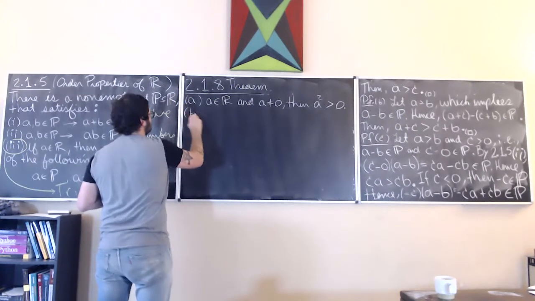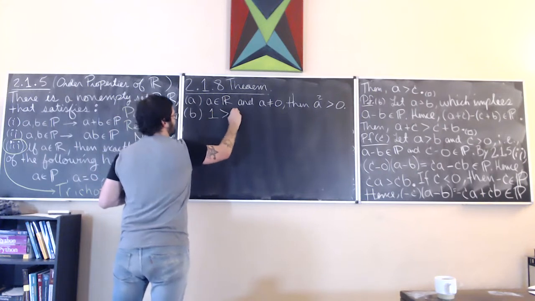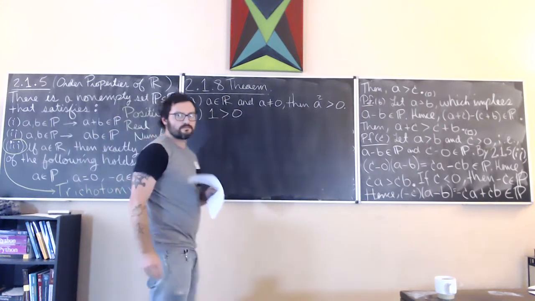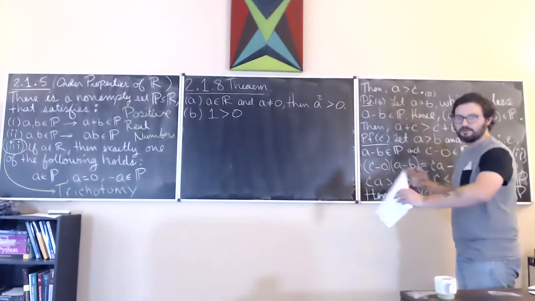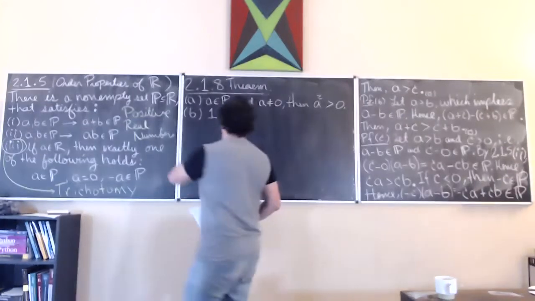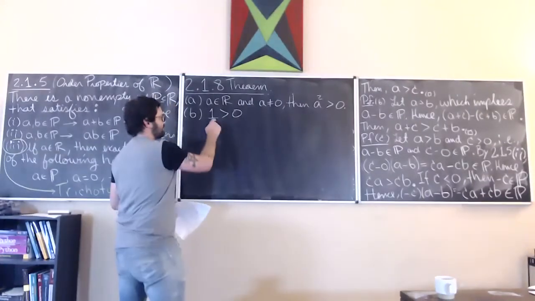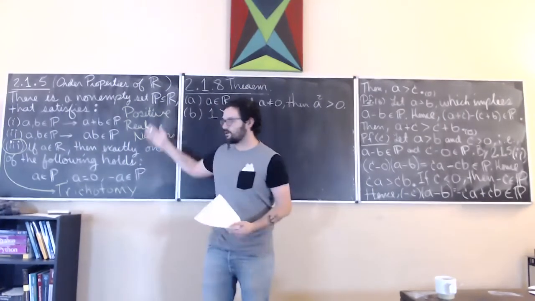Part B: 1 is greater than 0. Now notice we haven't really introduced any actual numerical numbers. So even though this seems obvious, it still needs to follow from our building blocks.